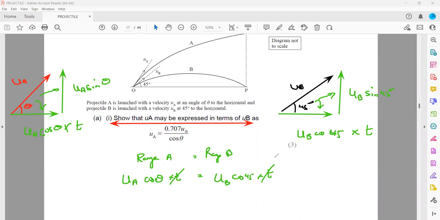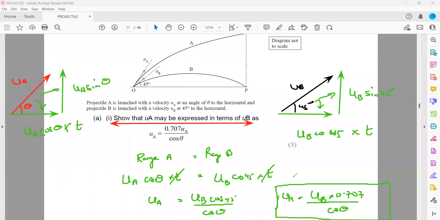So when I simplify this, UA equals UB cosine 45 divided by cos theta. And cos 45 is equal to 0.707. So the expression of UA in terms of UB is what we have to show.